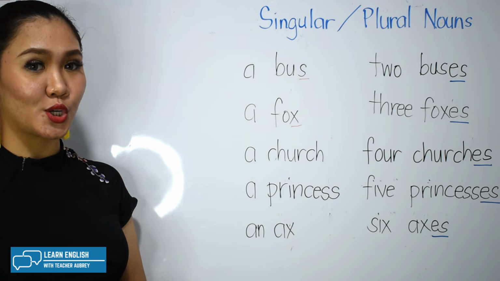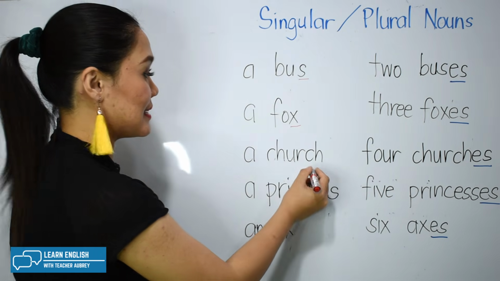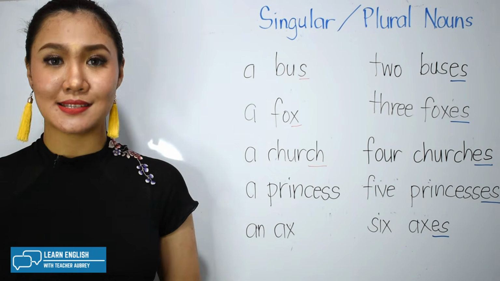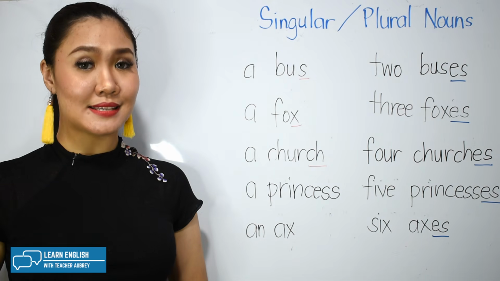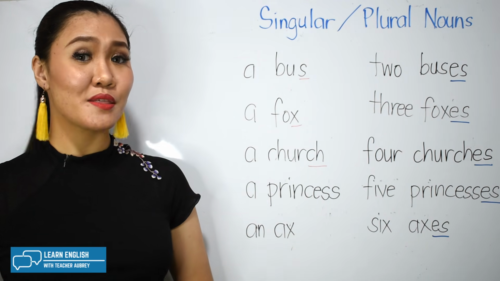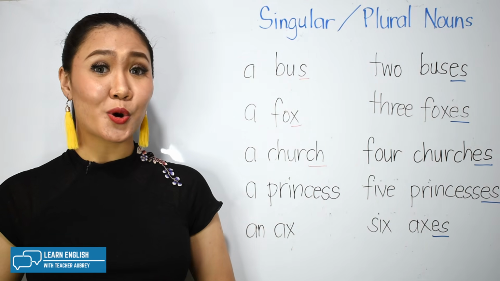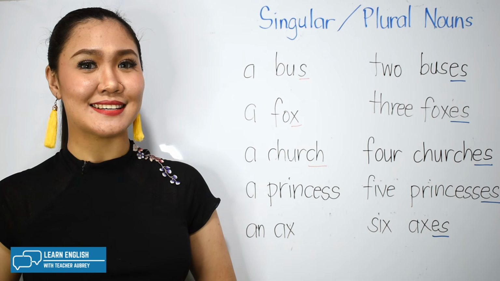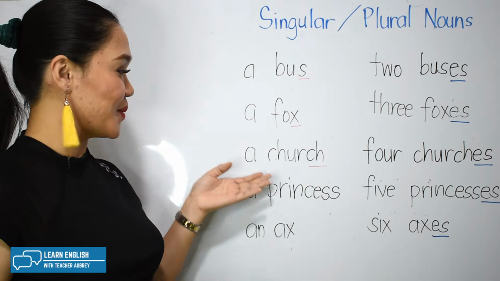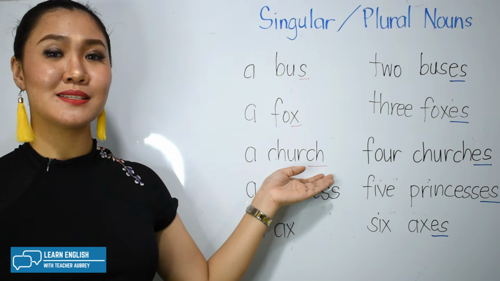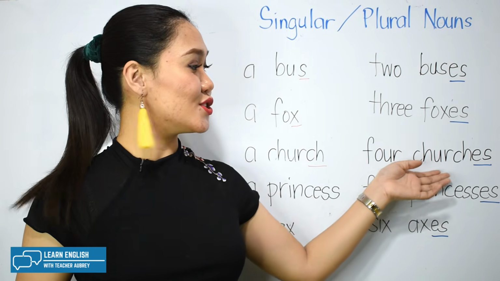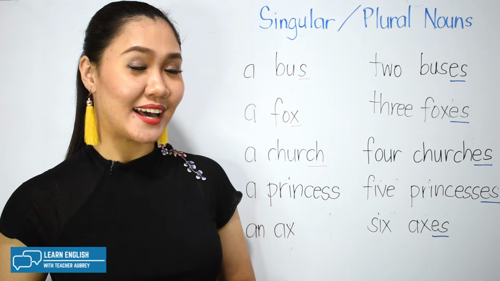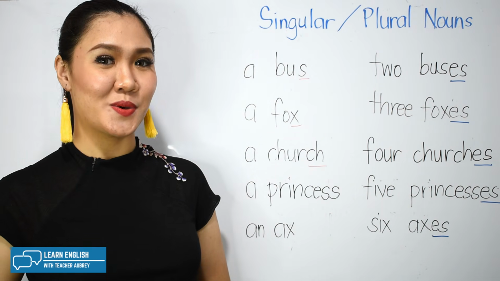The word church ends with the letters CH. All nouns that end in CH, to make them plural, we must add an es to them. So a church becomes four churches. We added an es to it.